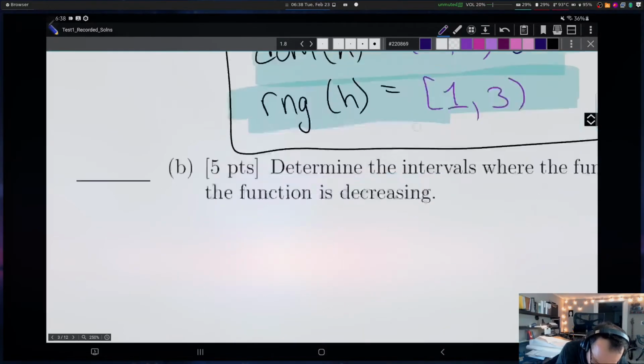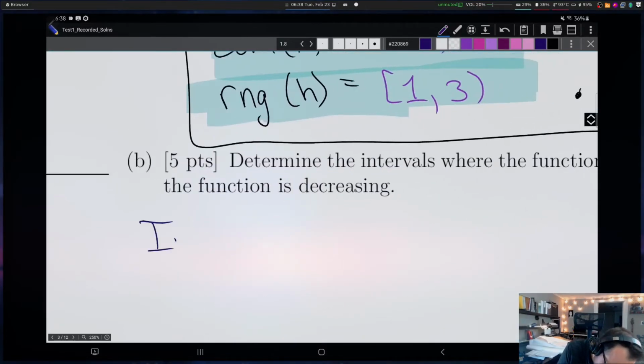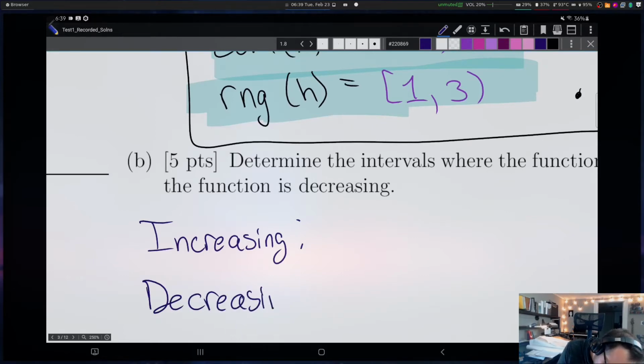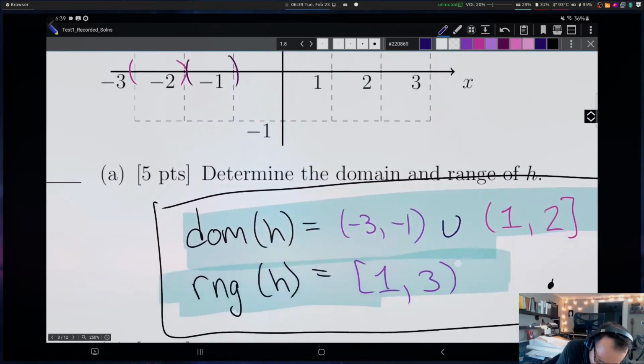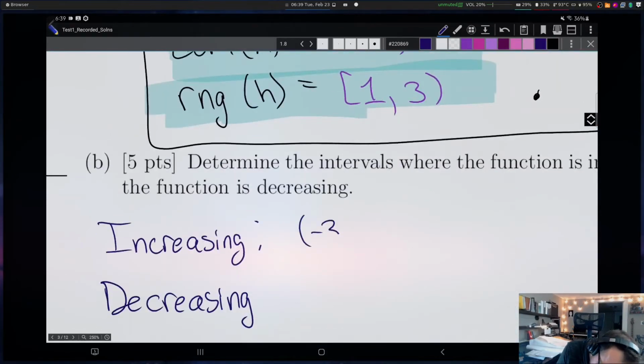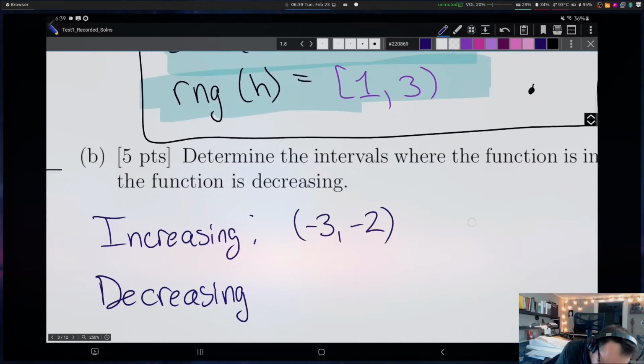Okay, so I just need to tell the reader about this. It's decreasing somewhere, and it's increasing somewhere else. Where is it decreasing? Well, -3 to -2 was the interval. And where was it increasing?